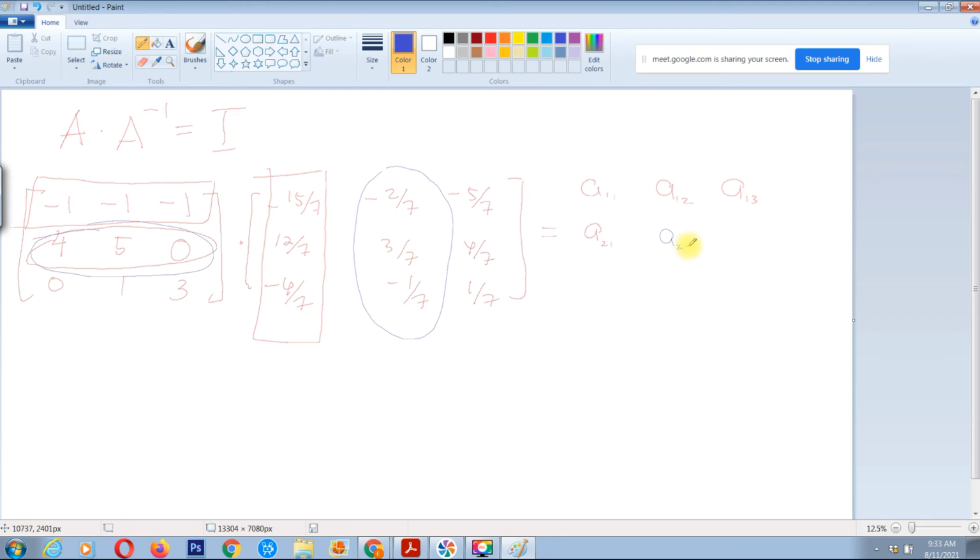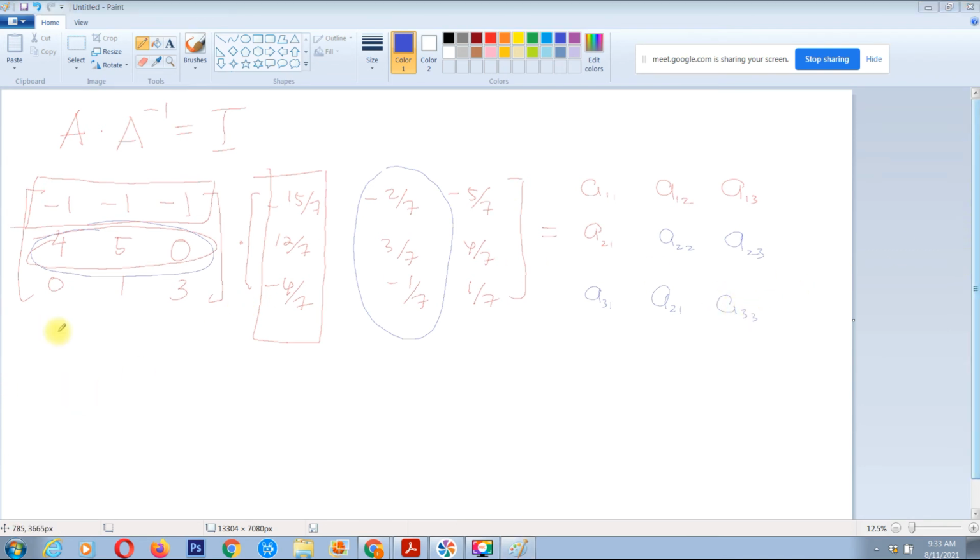Second row, second column, we get A22. Second row, third column, A23. Third row, first column, A31. Third row, second column, A32. Third row, third column, A33.